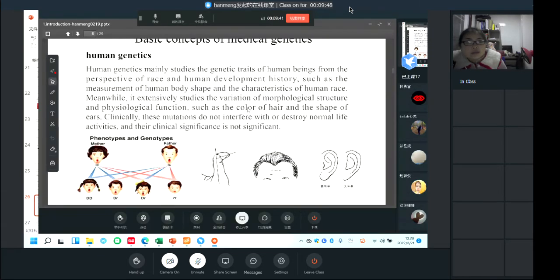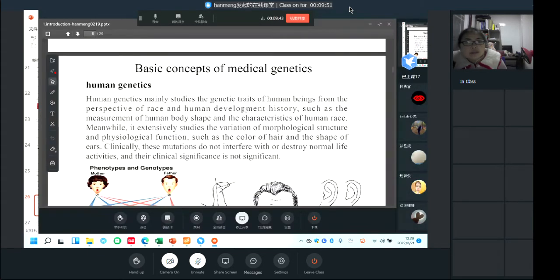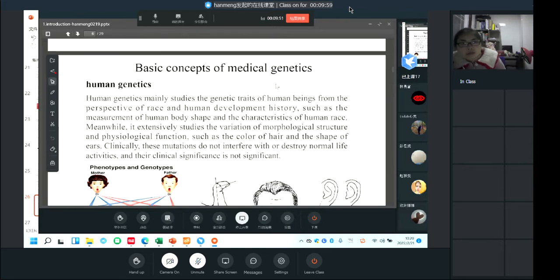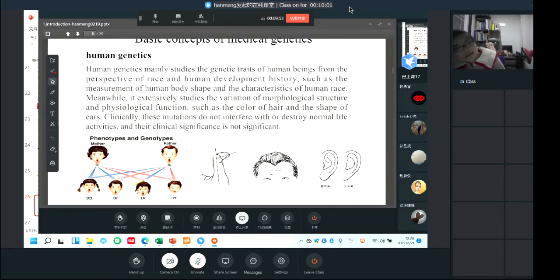Now we will learn some knowledge of the basic concepts of medical genetics. First is human genetics. We use human genetics theory and approach to treat genetic disease.